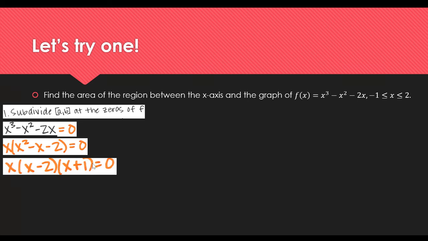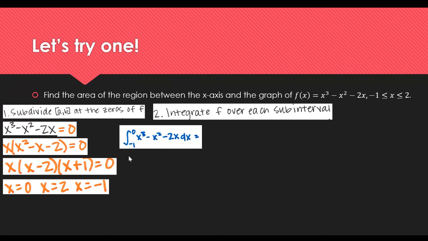And then you set each factor equal to 0, and you get x equals 0, x minus 2 equals 0 gives me x is 2, x plus 1 equals 0, x is -1. Well, I already have -1 and 2 as my A and B, so 0 is where I'm going to subdivide. So I'm going to find the integral from -1 to 0, and then from 0 to 2.